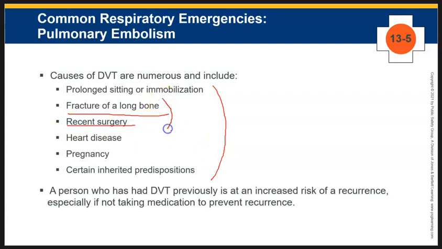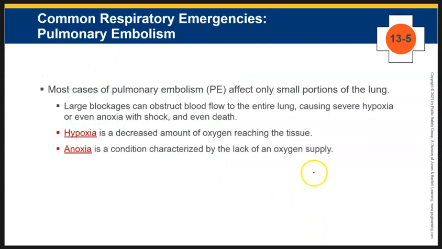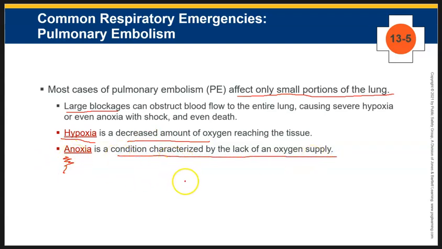A bedridden patient is at risk for developing a deep vein thrombosis that can break loose and become an embolism. Most cases of pulmonary embolism only affect smaller vasculature, smaller portions of the lung, but large blockages are extremely dangerous. Hypoxia is the decreased amount of oxygen reaching the tissue, and anoxia, this prefix means without, is a condition characterized by a more extensive lack of oxygen supply.